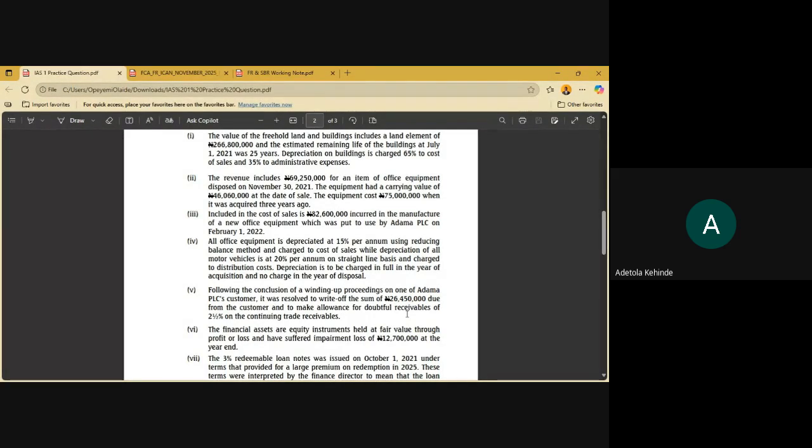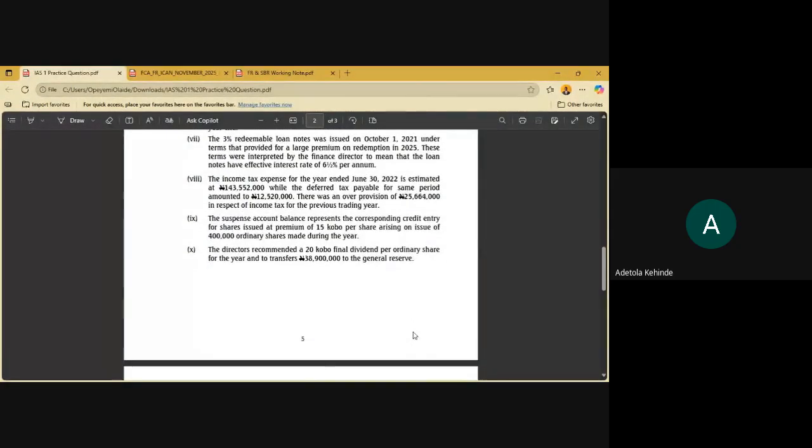The 3% redeemable loan note was issued on October 1st, 2021 under terms that provided for a large premium on redemption in 2025. These terms were interpreted by the finance director to mean that the loan notes have an effective interest rate of 6.5% per annum.